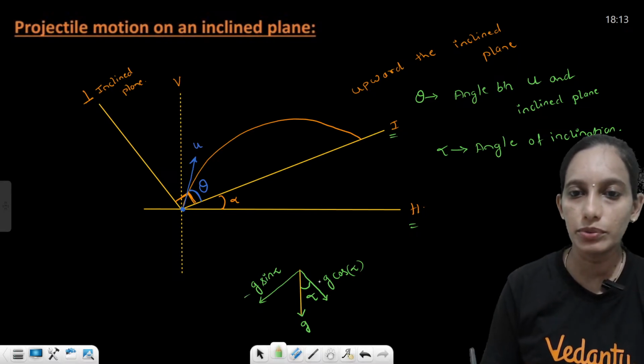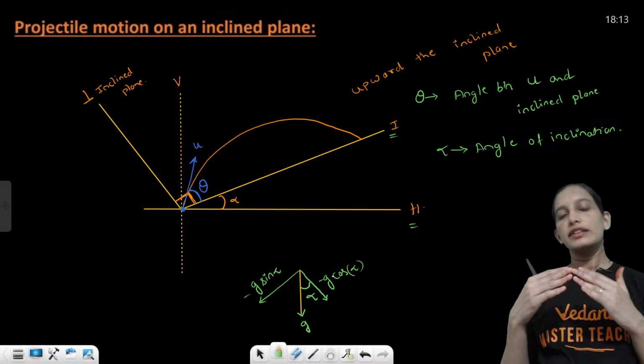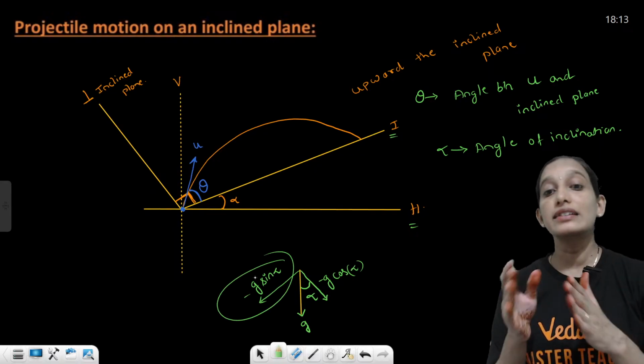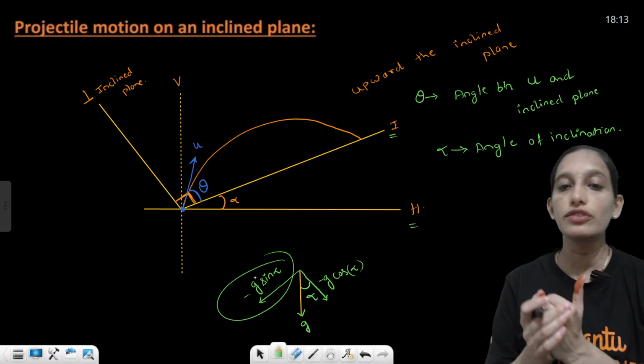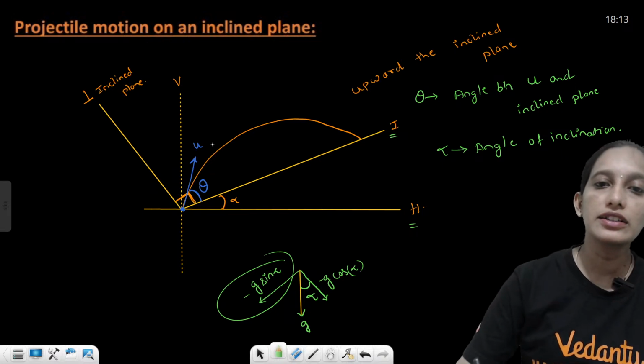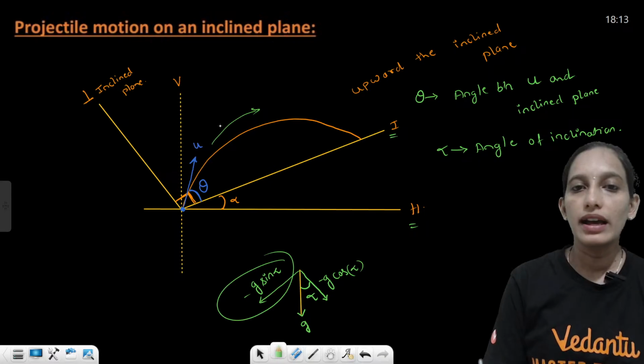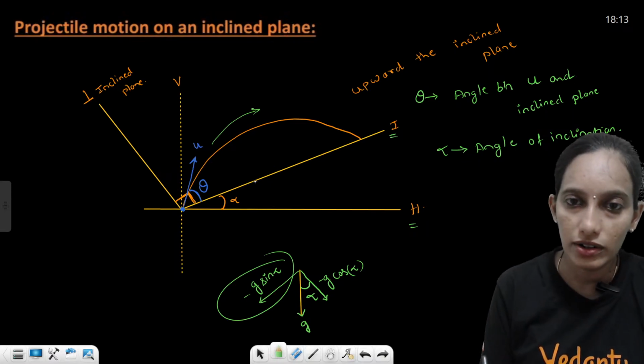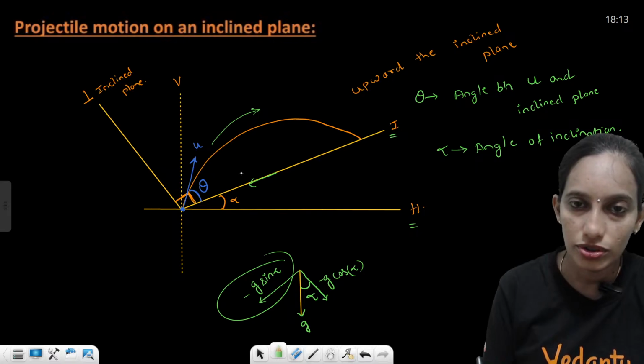Here we can put a negative sign also because both are in the negative direction. And there is one more thing you can note: minus g sin alpha. What is the direction of g sin alpha? The particle is trying to go in this direction, whereas our g sin alpha is acting in this direction, right? So if I mark it on this inclined plane, this is our g sin alpha direction.